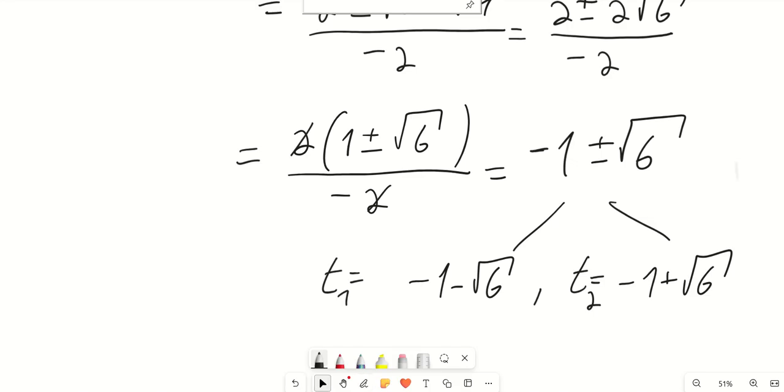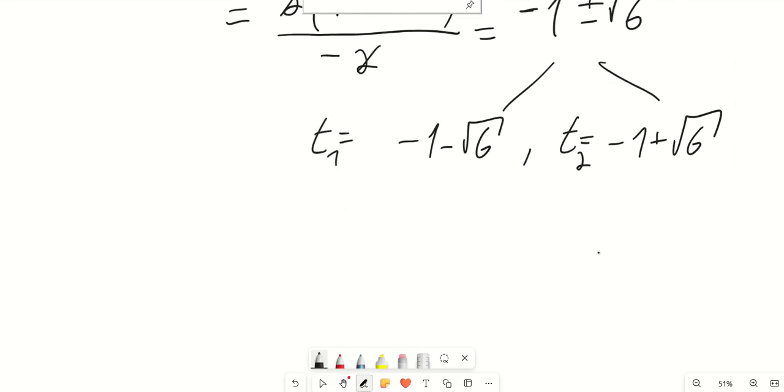And t was e to the power of x. Since e to the power of x is an exponential term, it is non-negative. So this term here is definitely negative. So it is not possible.